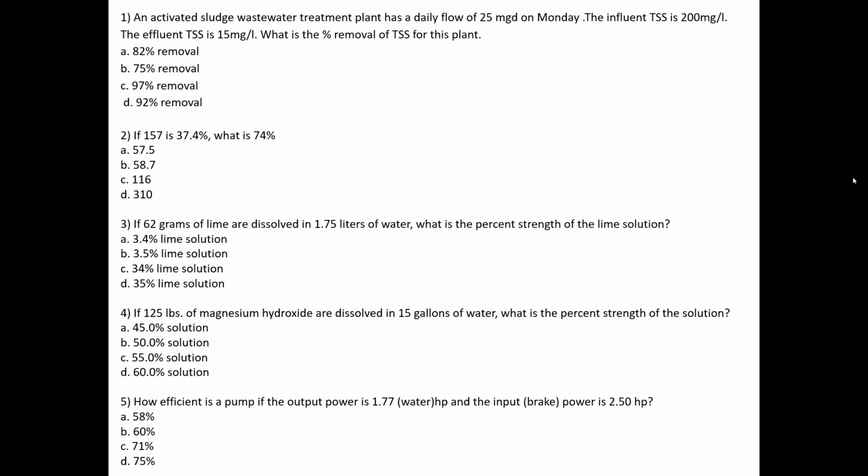Sometimes collection systems spray coat this on a crown spray to stem corrosion from hydrogen sulfide. But anyway, it says 125 pounds of magnesium hydroxide are dissolved in 15 gallons of water.